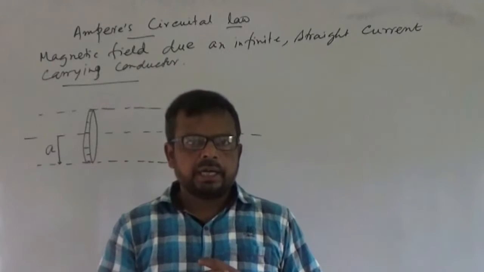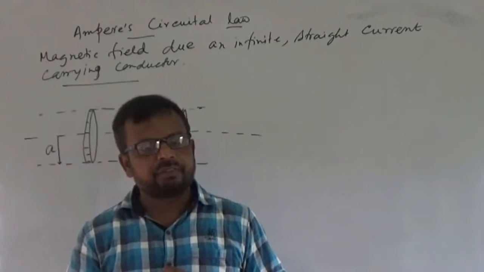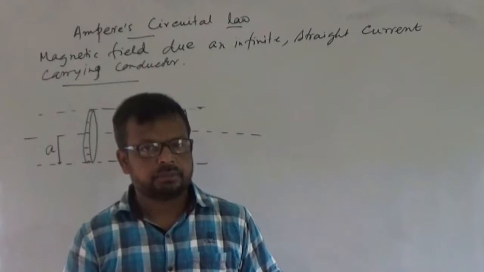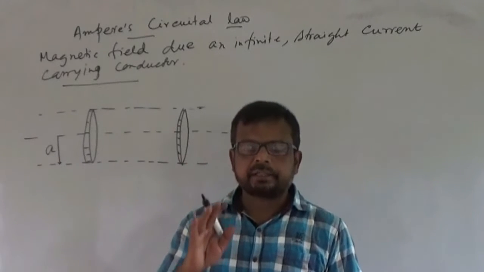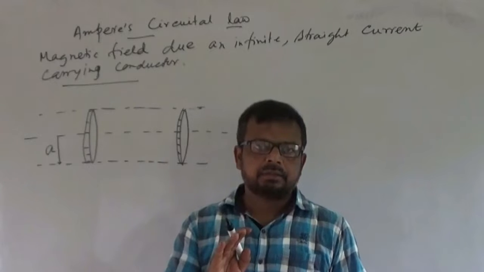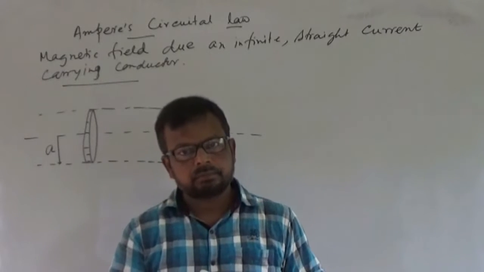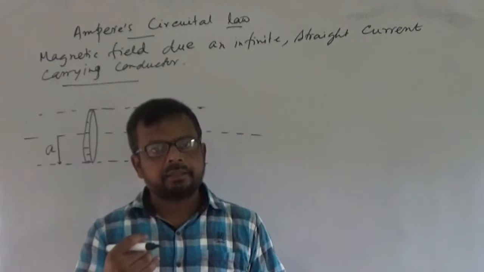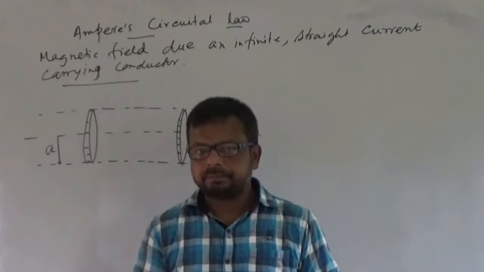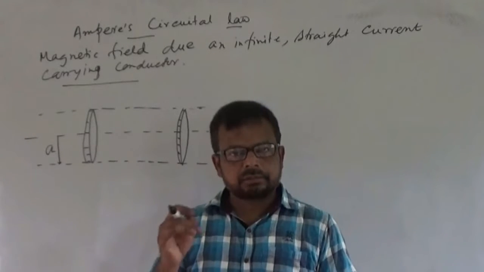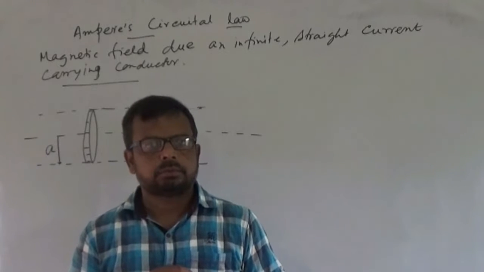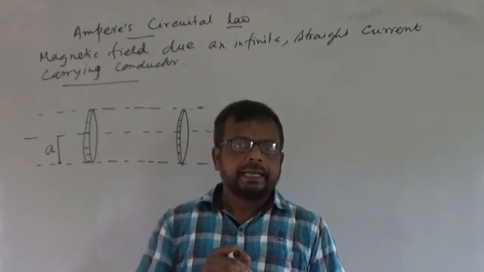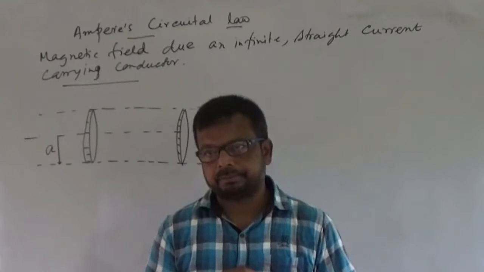Now we are going to find the magnetic field at three different points. First, we take the field point outside the conductor. Second, we take the field point on the surface of the conductor. And in the third case, we take the field point inside the conductor.